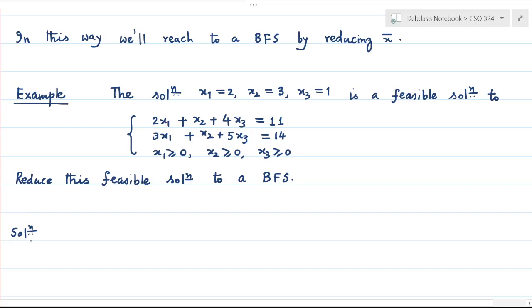In what way can we be able to reduce it? Now let us write the given equation in the form of Ax equals to b.